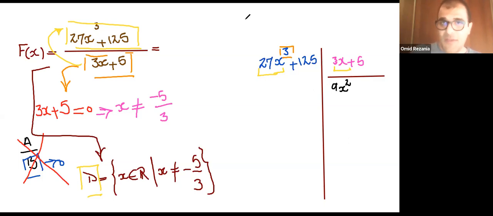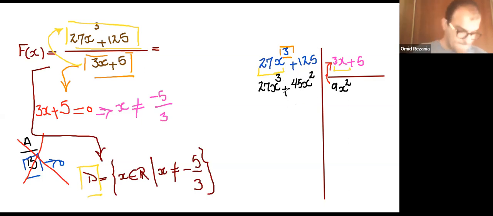Because when you do that, you get 27x cubed, since x squared times x becomes x cubed, plus 9 times 5 becomes 45x squared.